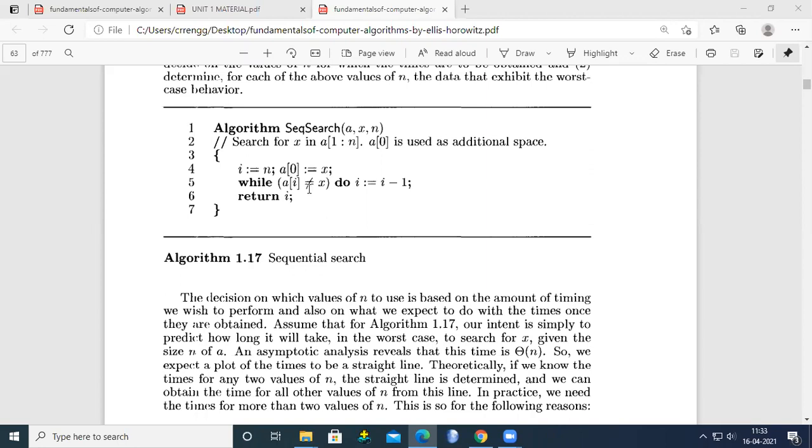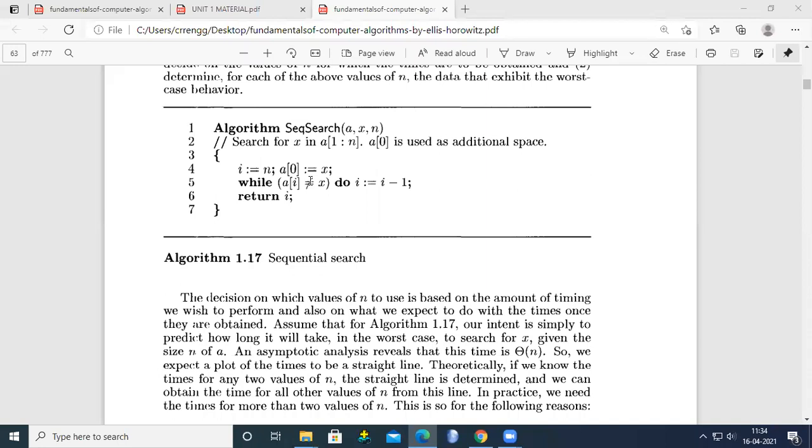While a of I not equal to x, in the while loop we are testing the condition that a of I and x are not the same. Do I equal to I minus 1. So we are decrementing the value of I, and in this way we keep repeating the while loop until the condition is satisfied.